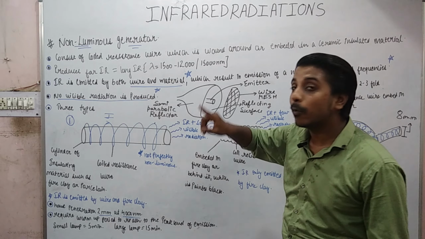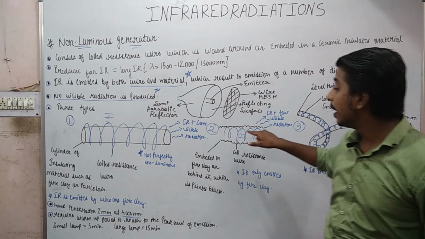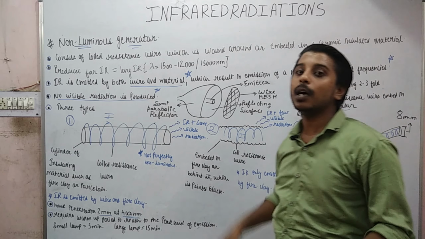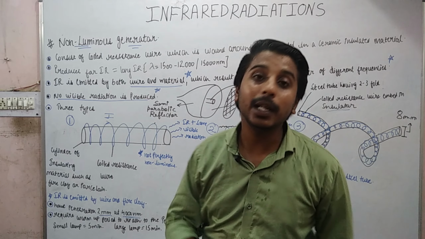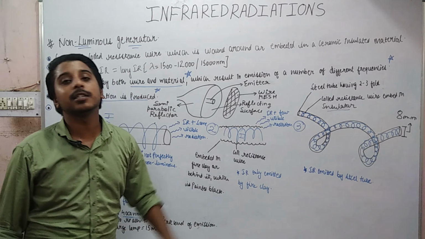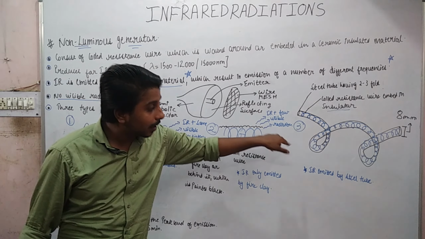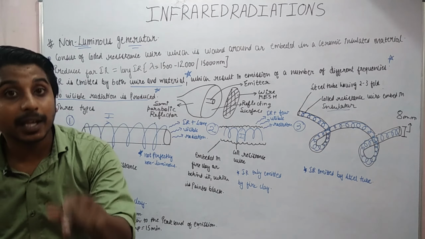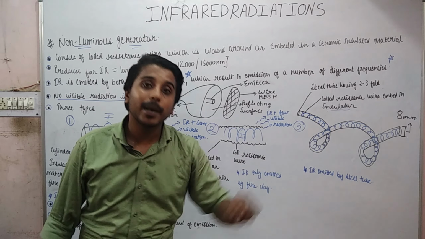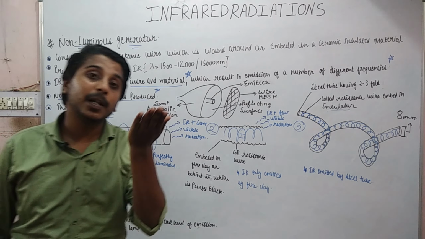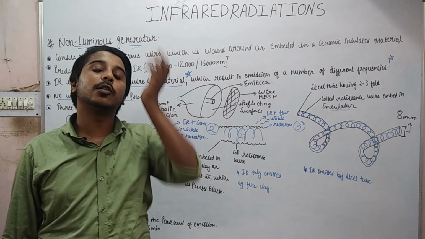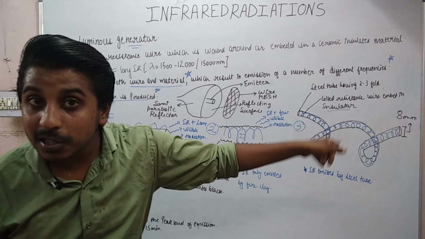In the first it is wound on the fire clay, in the second it is embedded inside the fire clay. In the first both are emitting, in the second only the fire clay is emitting, and in the last it is the steel tube which is emitting. Here the important point is that the wire is covered by insulator, so conduction takes place from wire to insulator, then to the steel tube, and then the steel tube emits the IR.